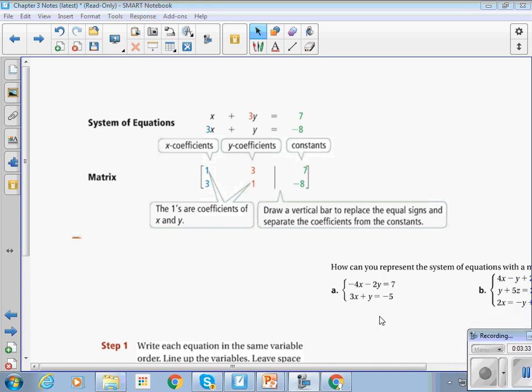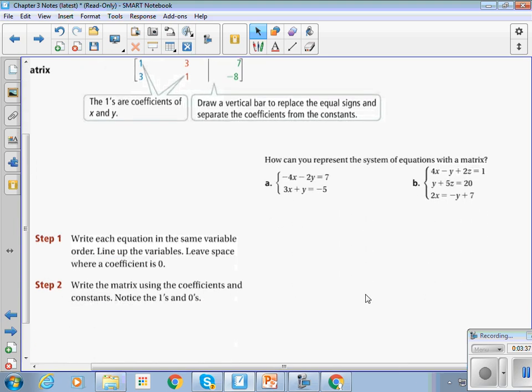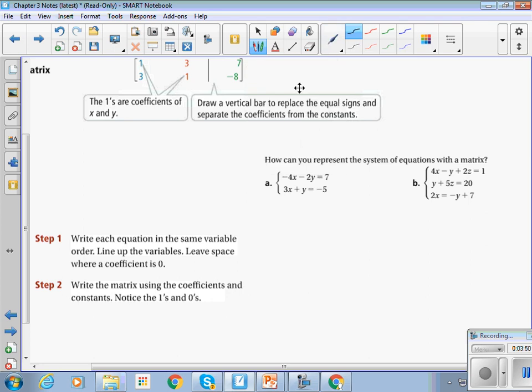Okay, so we are going to represent these two systems of equations with a matrix. So this first guy here, we put a little bracket. We make sure that it's x, y equals our constant.